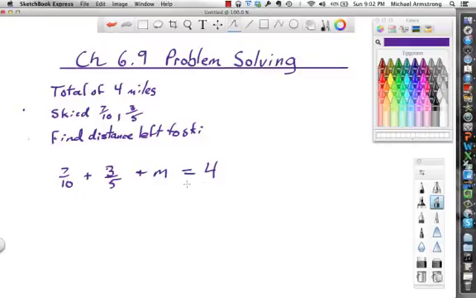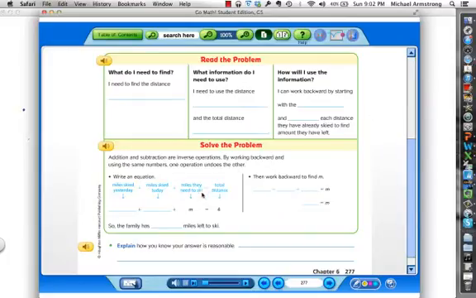If we add everything together, we get 4 miles. And we're going to go ahead and work backwards, which we've learned about before. We start with 4, and then we subtract miles skied today, and we subtract miles skied yesterday, and that should equal M. See, we have 4, and we're going to take these two away, and that should leave us with this M, the miles needed to ski. That's just how that works.